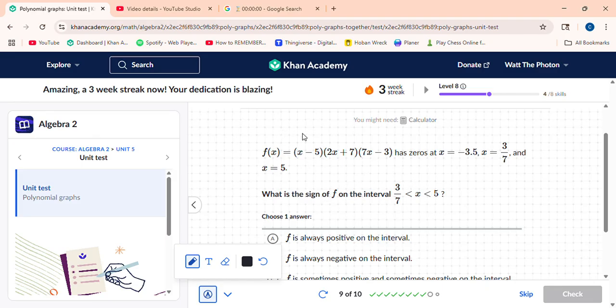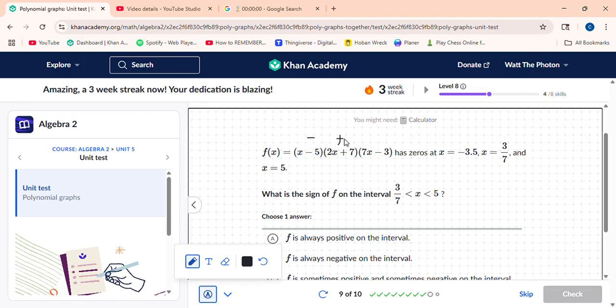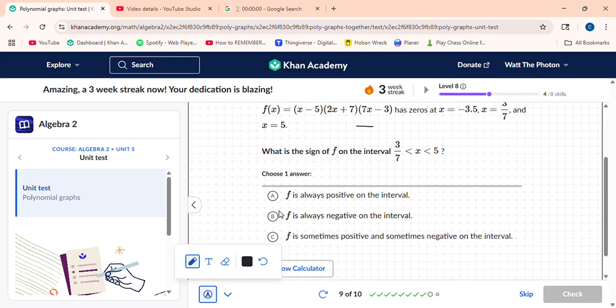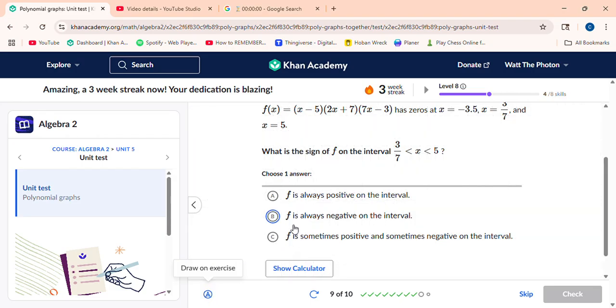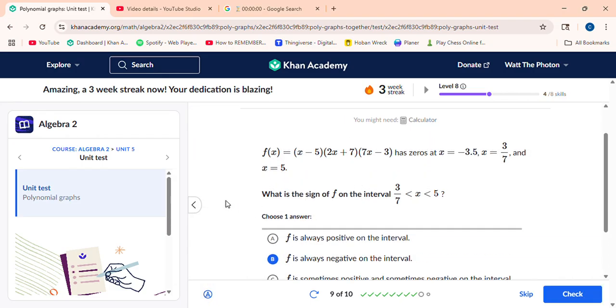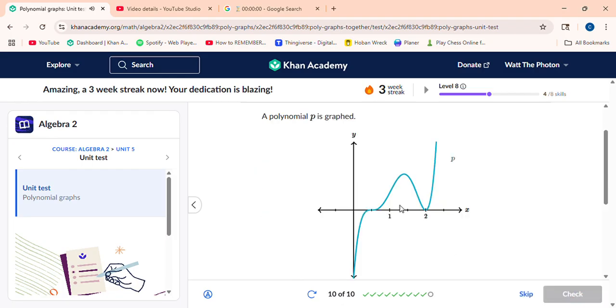So we have negative, negative, positive, positive, because we're choosing 1. So it's a negative sign for everything. So it should be always negative in the interval. Does it make sense? -4, positive, whatever, positive. Yeah, that makes sense.